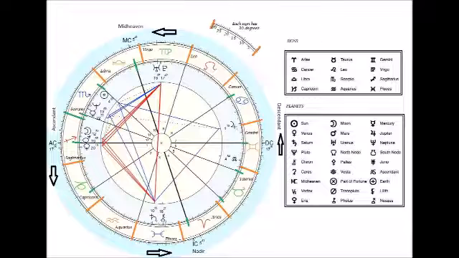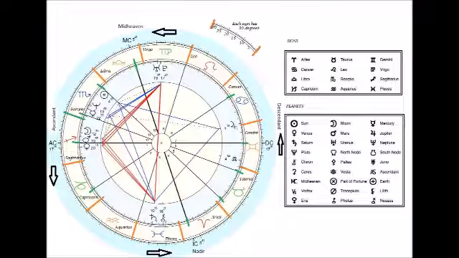Now, if you look at the opposite side of that line, which almost seems to be demarcating the horizon, you'll see the initials DC, and that stands for the descendant. It will always be the same degree, 17 degrees, of the opposite sign from your ascendant. So my descendant is Gemini. And we move around these houses counterclockwise.